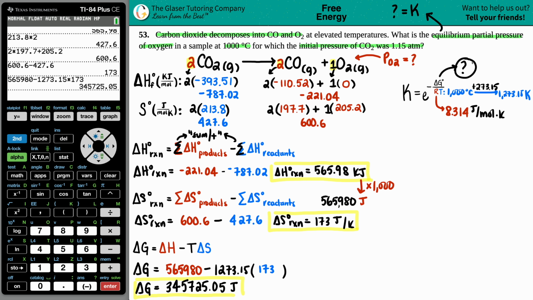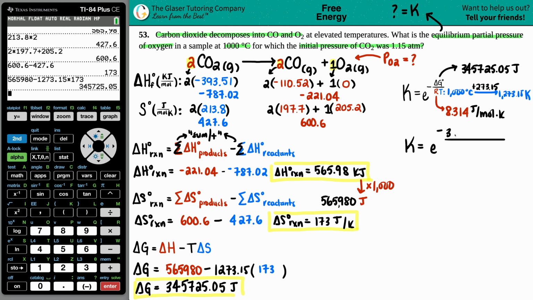So now I found out that my delta G value is 345,725.05 joules. I'm going to finally use this formula to find out that equilibrium constant. So K equals e, all raised to the negative, that's in the formula, ratio, or division, right?